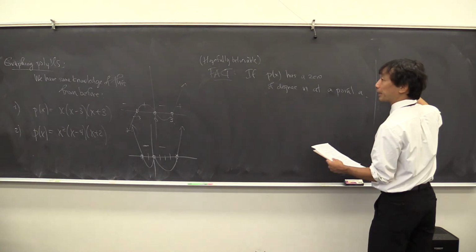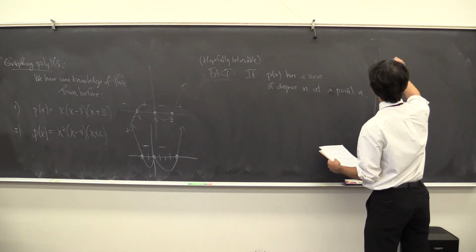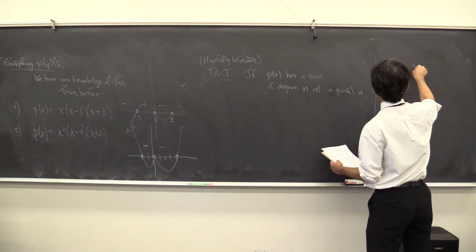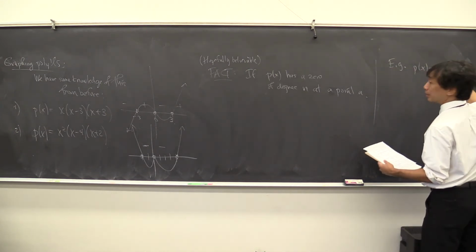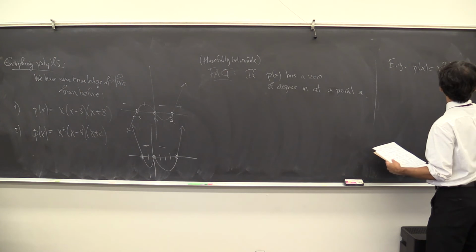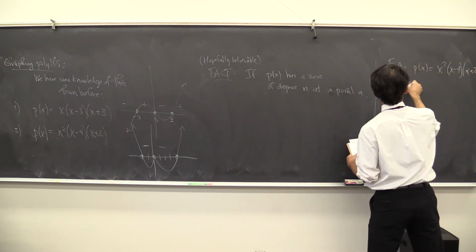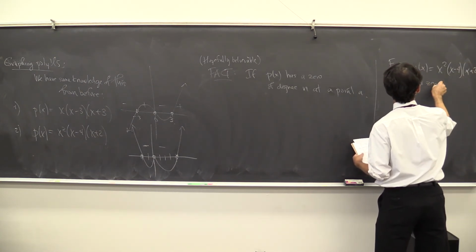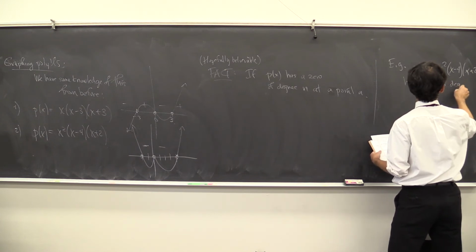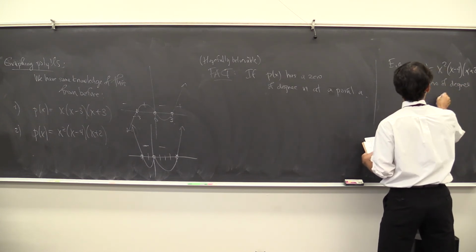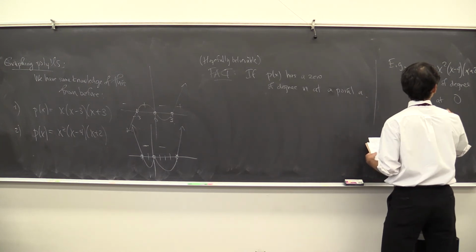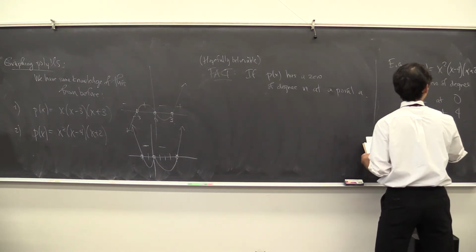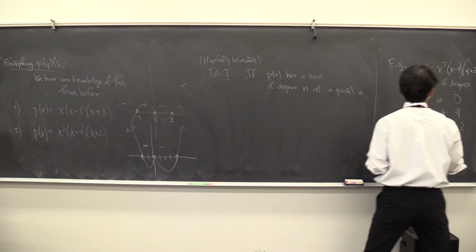For example, the second polynomial has a 0 of degree 2 at 0, of degree 1 at 4, and of degree 1 at -2.